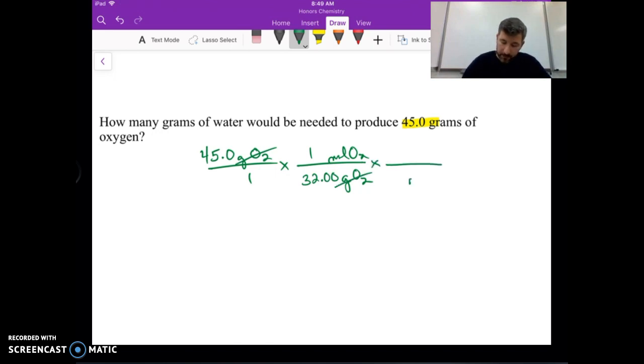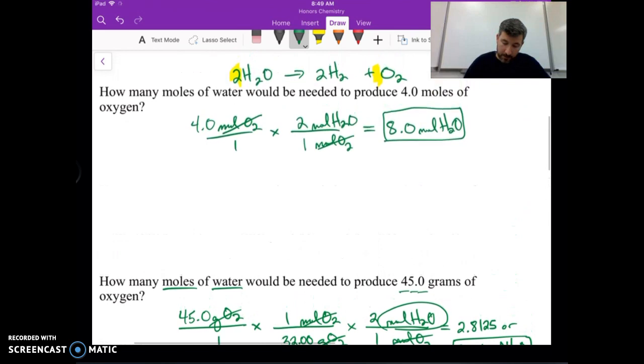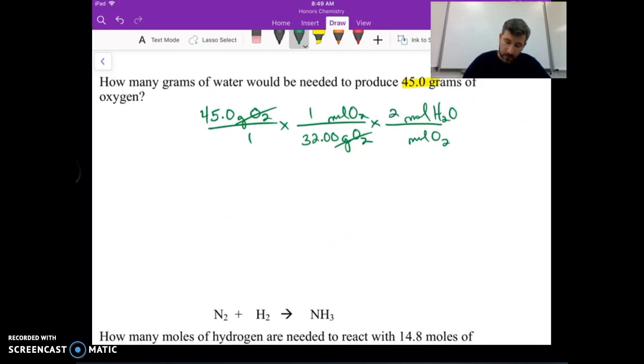And then from moles of oxygen, just like the last problem, I have to go to moles of water. Going back to my balanced equation, that was 2-to-1: 2 moles of water for every 1 mole of oxygen. And then from moles of water, we would go to grams of water.